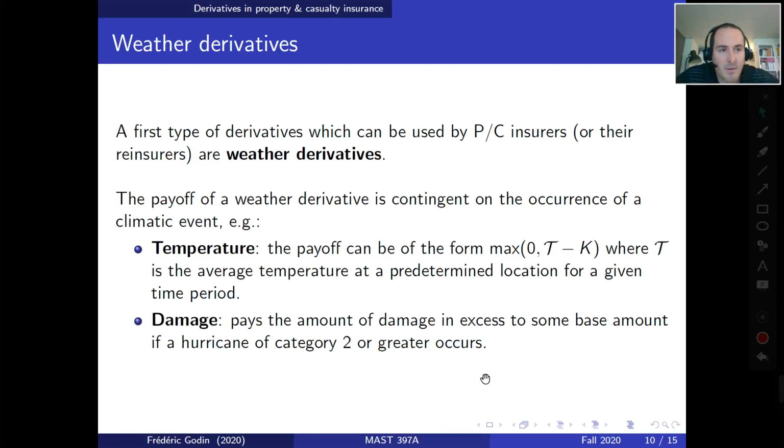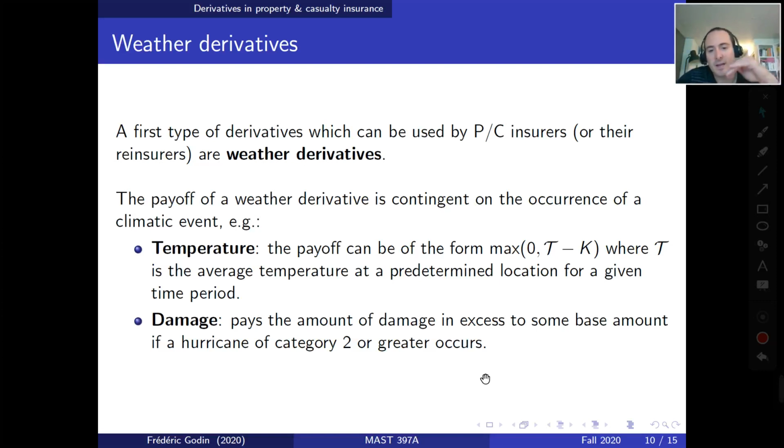So for example, you can have a contract of the following form. It's going to pay any damage beyond X amount of money if that damage is caused by a hurricane of category 2. We can see that this still behaves like a call option. If there's no hurricane, you have zero payoff.